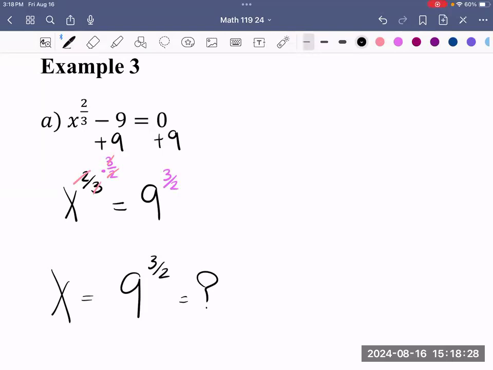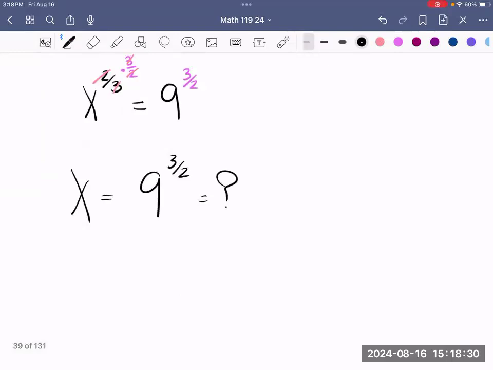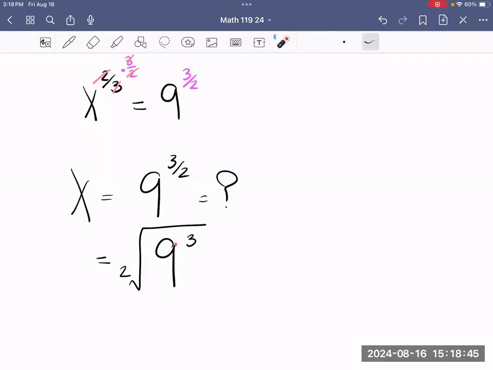The radical expression? Well, if we have 9, what goes on the outside? A square root. And what goes on the 9? 3. So now, is it easier to cube the 9 and then square root it?